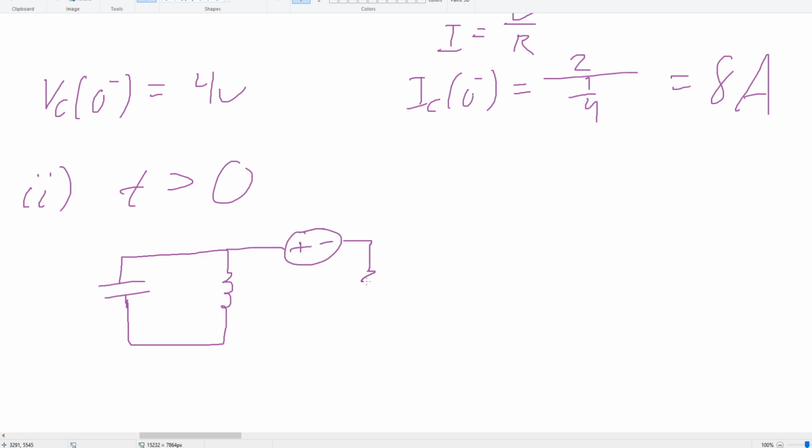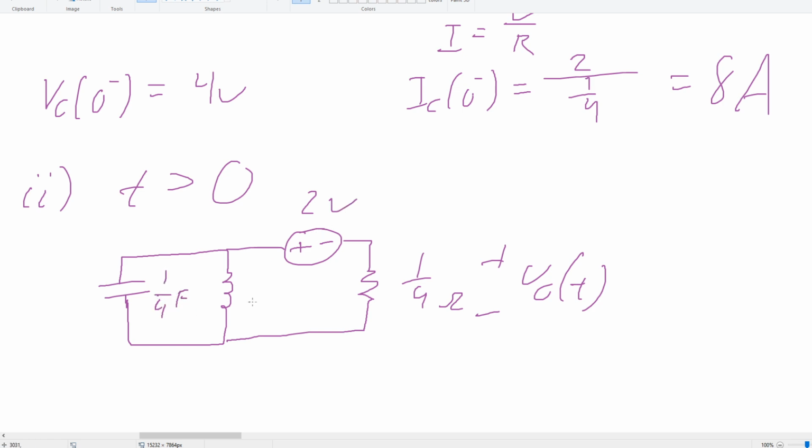Then we have this resistor, 1/4 ohms. Plus minus. I'm not going to write everything. This is 2 volts. Actually, no, I will write everything, because why not? 1/4 farads. And this is 1/8, I think. Yeah, 1/8 henry. All right.